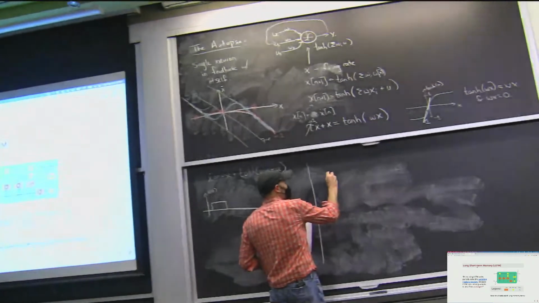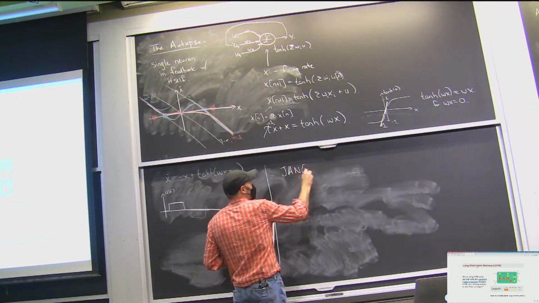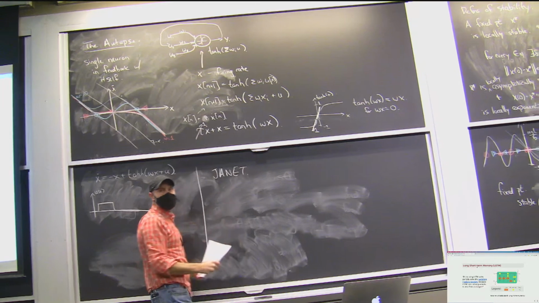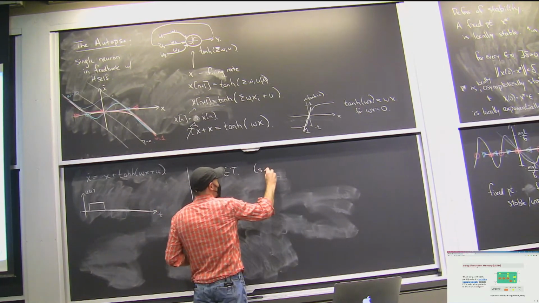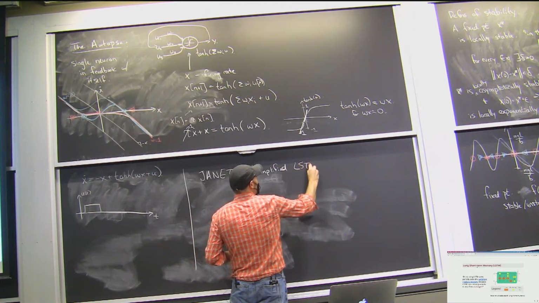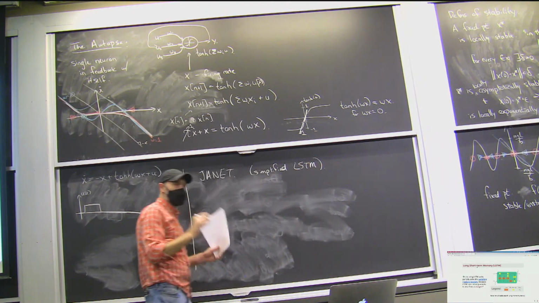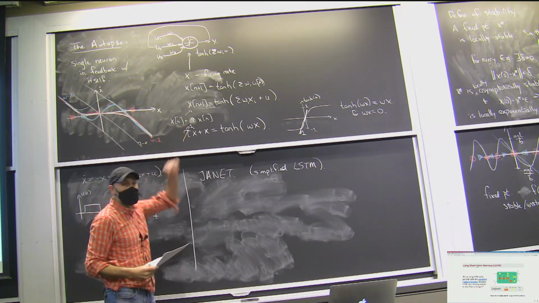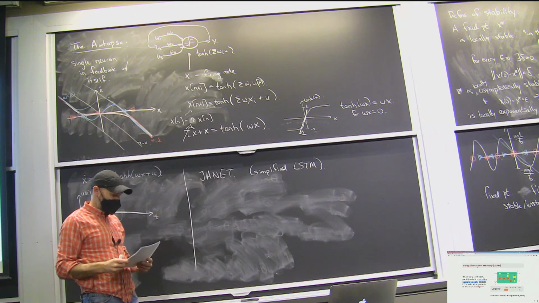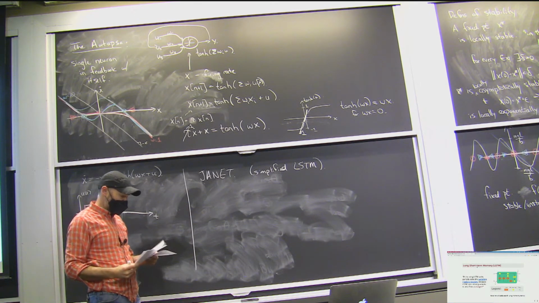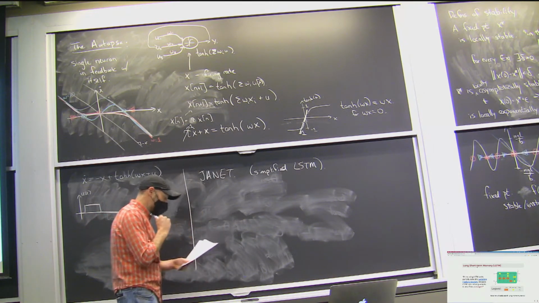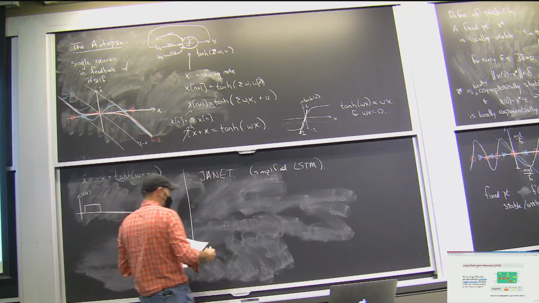A simpler model, there's a JANET model, which stands for just another network, which is a simplified LSTM model, which basically just has the primary activation, the tanh, plus a forget gate. So maybe they think that's the key aspect of LSTMs, and they captured it only, and they did a bunch of experiments to say that was the most important element of LSTMs.